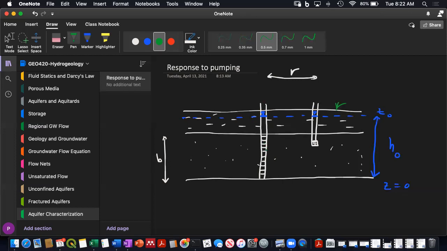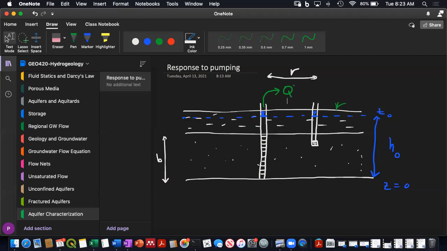So when we pump this water, we're pulling water out of the well, right? So we have some discharge out of the well, Q. All right, so I'm pumping water out of this well.